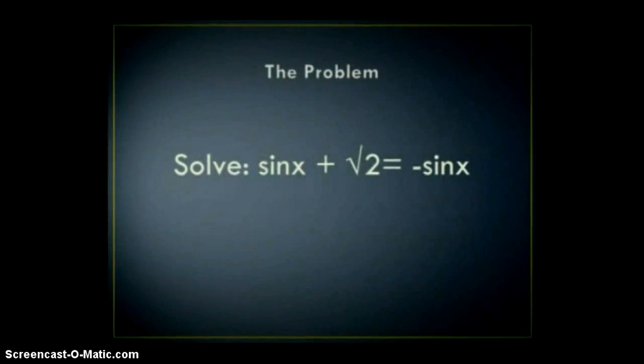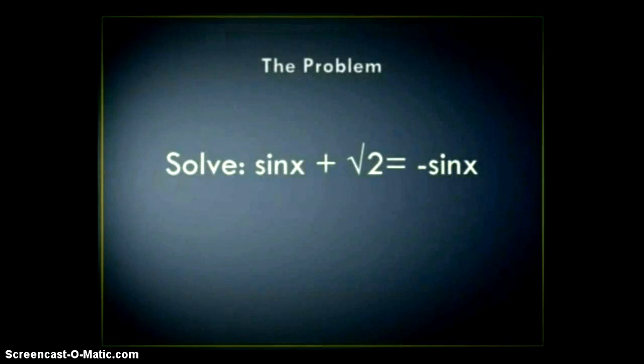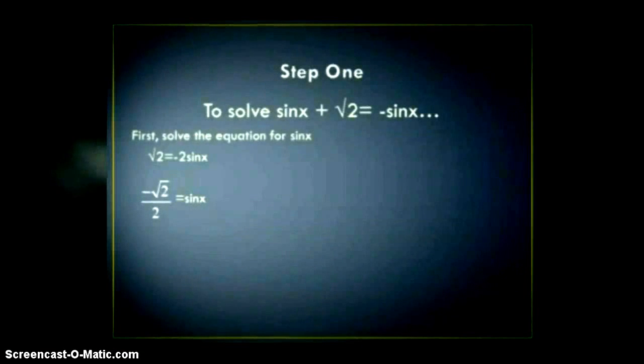And here's our first problem. We're going to be solving sine x plus the square root of 2 equals negative sine x, and we are going to find x. So our first step is we need to solve for sine of x.